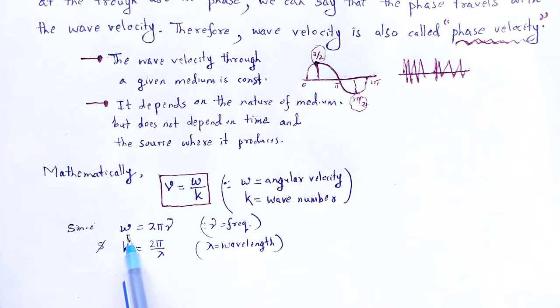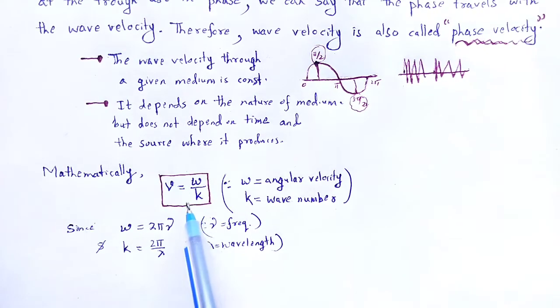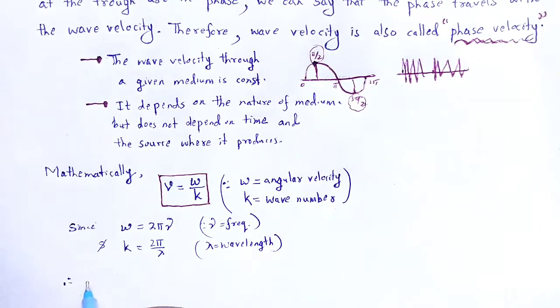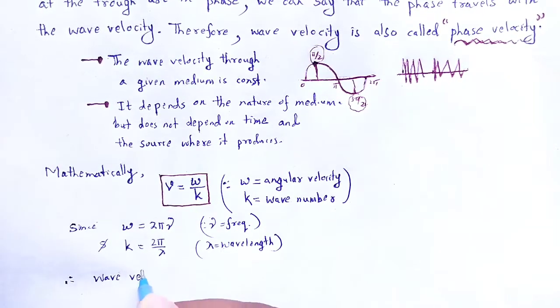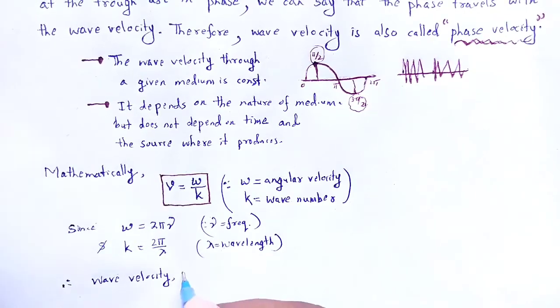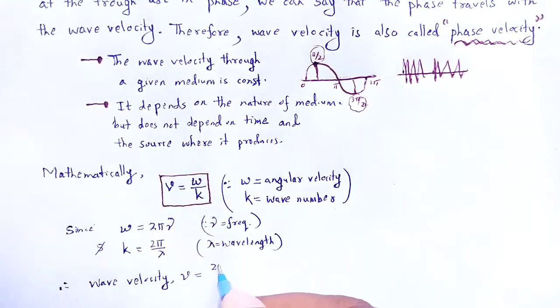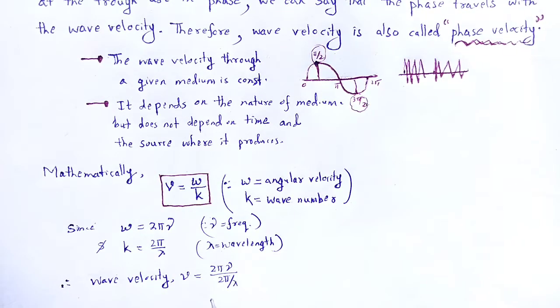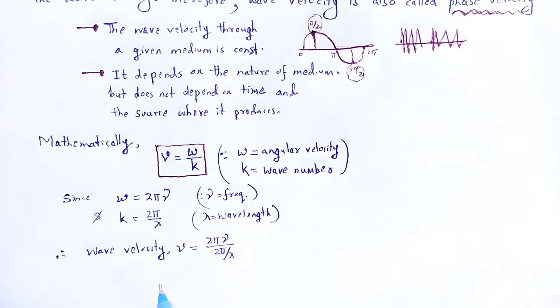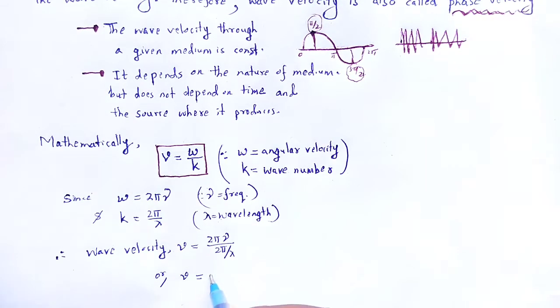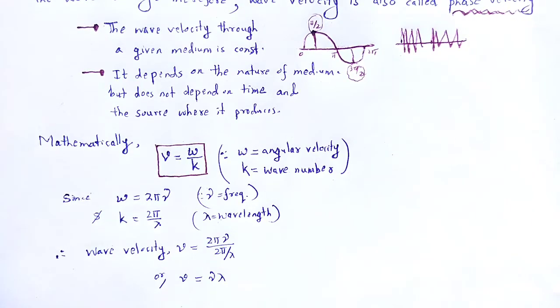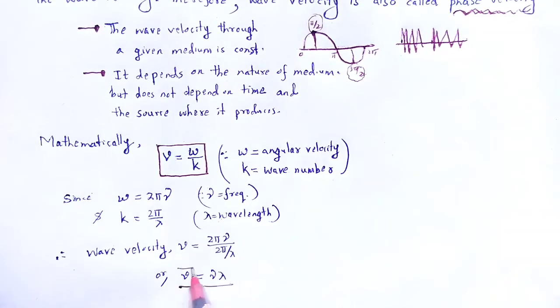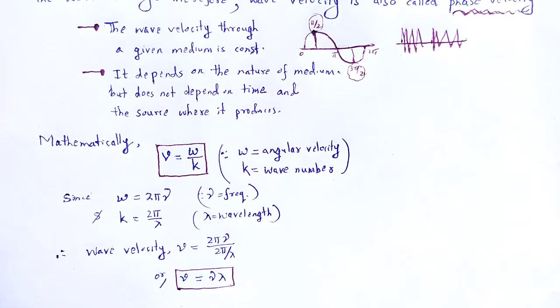Now we put the value of omega and k in that expression. Therefore, wave velocity v is equal to 2 pi nu divided by 2 pi by lambda. By solving that, we get v is equal to nu lambda.